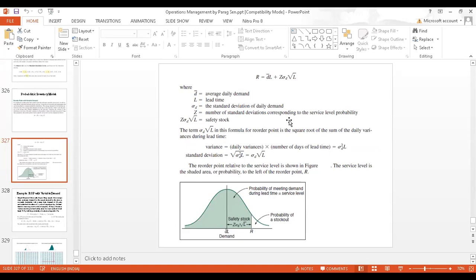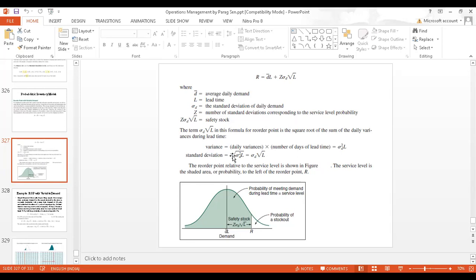Now if the daily variation is 25, what will be the total variation during the lead time? Suppose the lead time is, for example, 9 days, then the entire variation during the lead time could be 25 into 9, so 225.